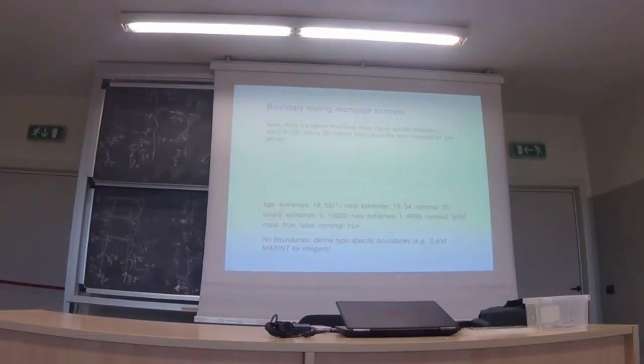Salary, the extremes we have said should be 0 and 10,000. Near extremes are 1 and 9999. Nominal value 5,000. Male, yes or no? We assume nominal true.